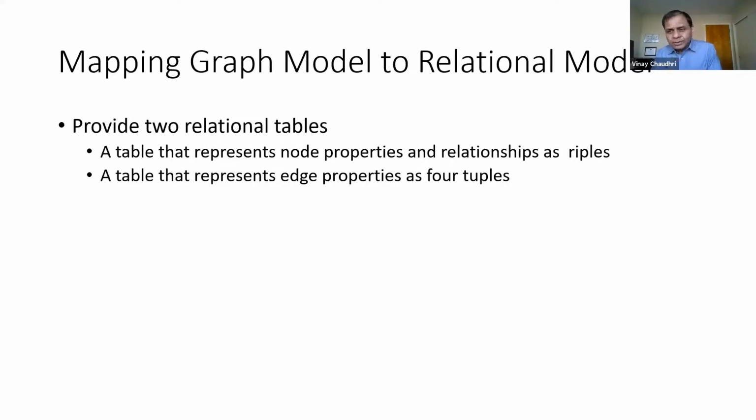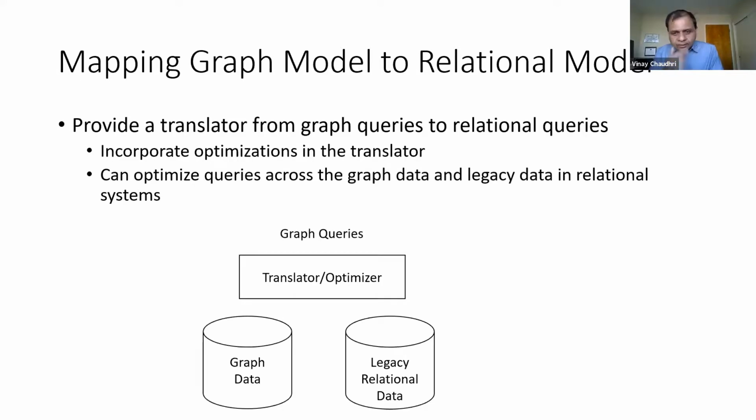Now that argument makes sense, and it makes especially good sense if you have a system in which you have a lot of legacy relational data and you don't want to touch it. You don't want to put everything into the graph database, but you also do have some graph data, and you do want the advantage of this compact way of stating queries and graphically visualizing the schema that you have.